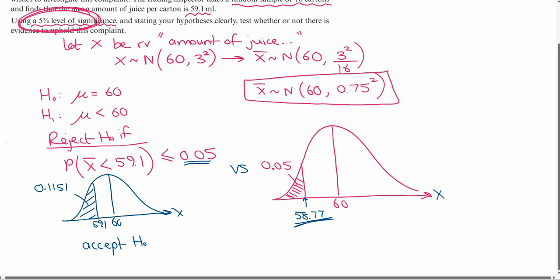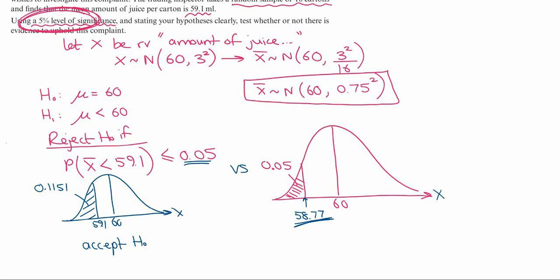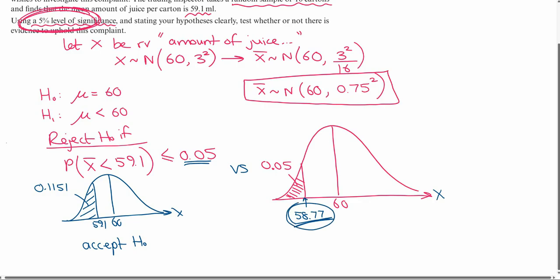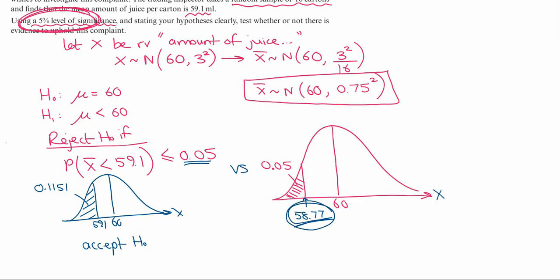So in reality, a company would have known these numbers and they would have just been testing, is the mean here. They wouldn't have to do too much. They would already have this number, 58.77. Before they entered the factory, they would have weighed it and made their decision very, very quickly. This is more of a proactive approach, and the one on the left here is more of a reactive approach.